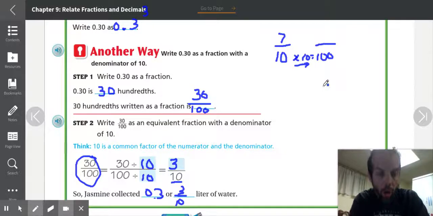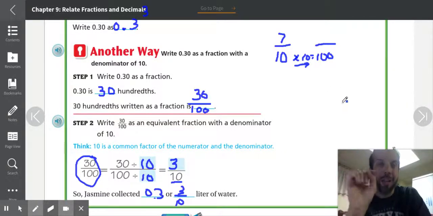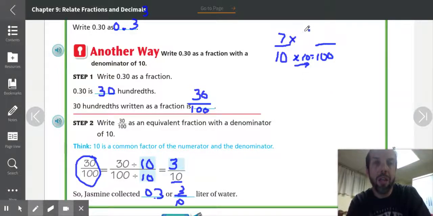And we know with equivalent fractions, if I do it on the bottom, I got to do the same thing on the top. So now I'm going to multiply 7 times 10 on the top. 7 times 10 would equal 70 hundredths. So that would be my equivalent fraction. So again, guys, 7/10 would look like this as a decimal.